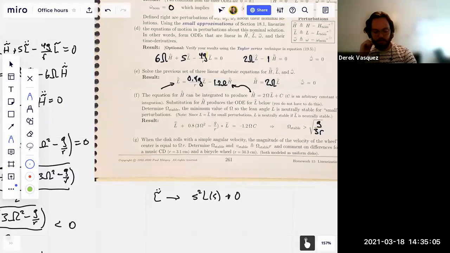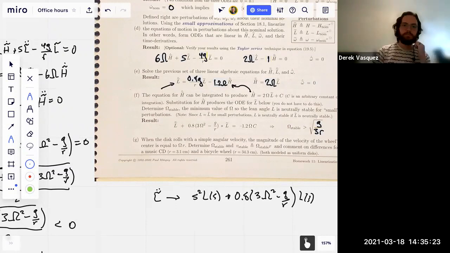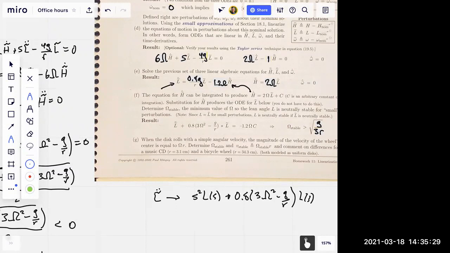You have plus 0.83 omega squared minus g over r, L of s. You can factor out the L of s, and you're left with your characteristic equation. Is that clearer? Yeah. Okay.